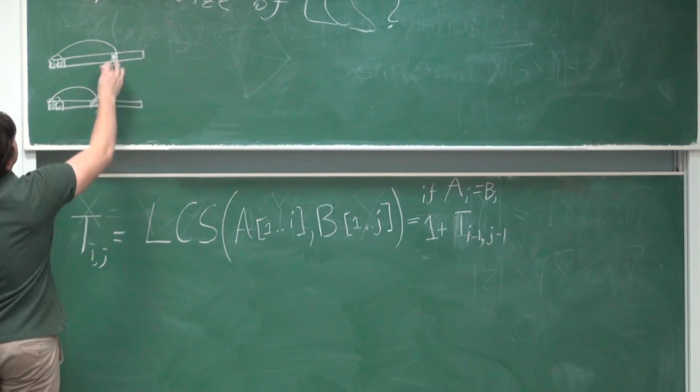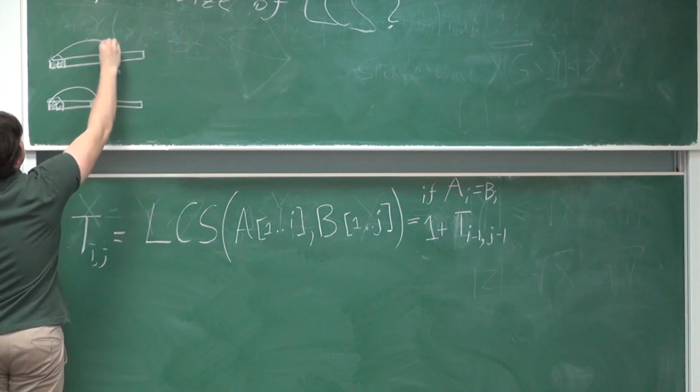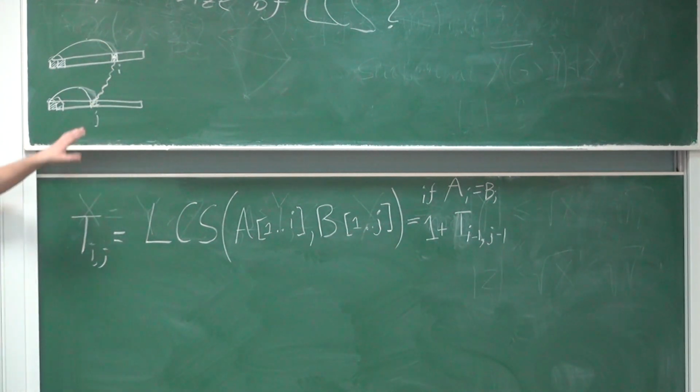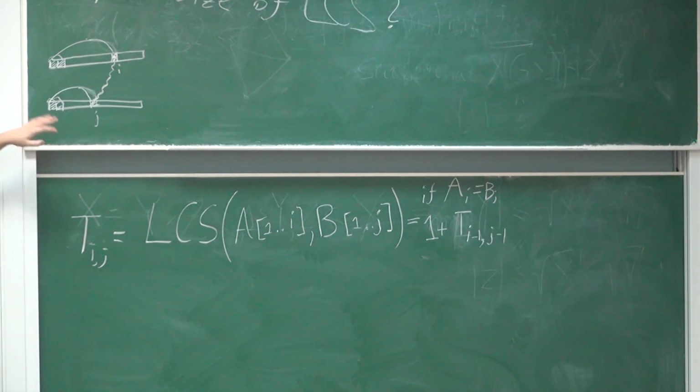And then if those two are matched in a longest common subsequence, then before that we can use just the longest common subsequence for these prefixes without the last character. So T i minus 1, j minus 1.